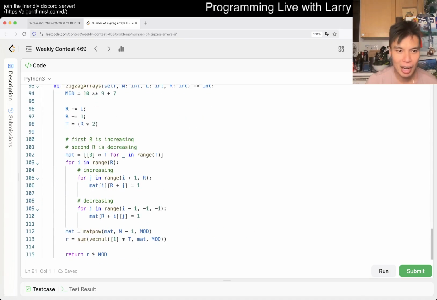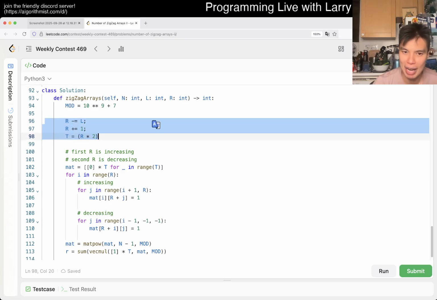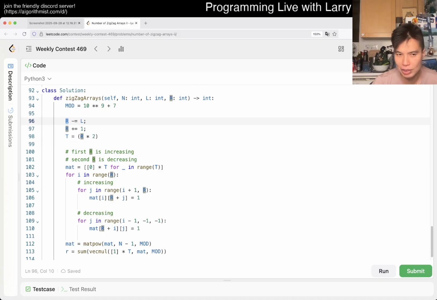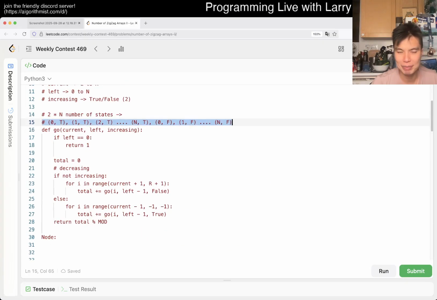And then, as I did in Q3, we compressed the thing from L to R to 0 to R inclusive. And then I just have a number T, which is R times 2. This is what we talked about here with all these states, right?